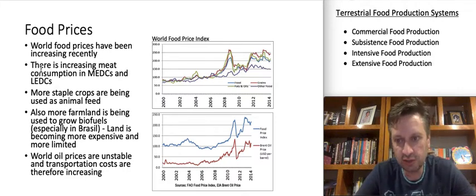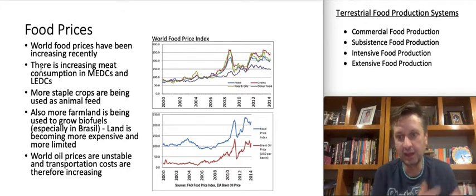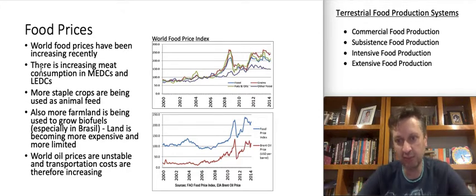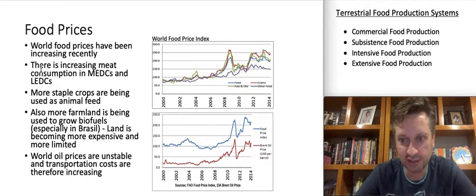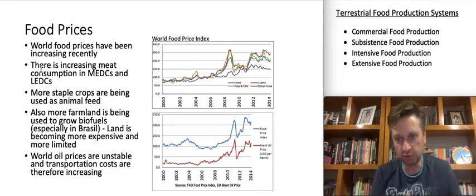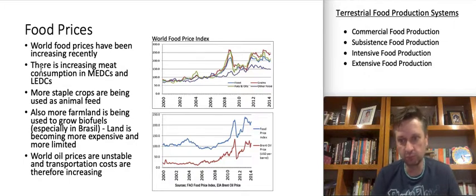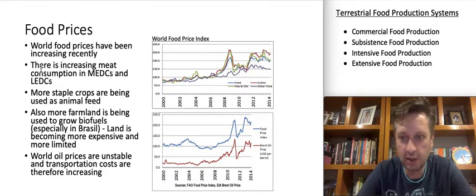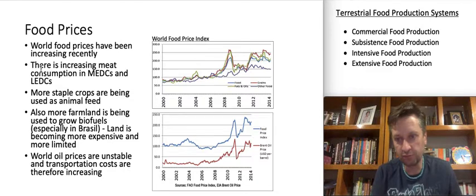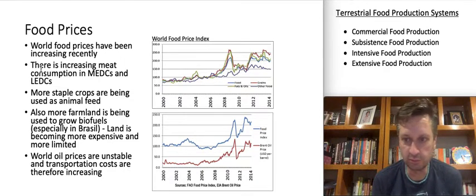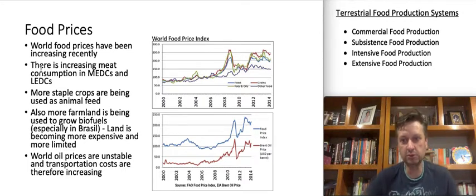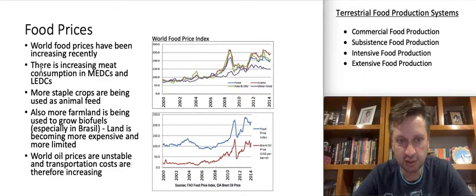Part of that is due to increasing reliance on meat-rich diets. As LEDCs switch to becoming newly industrialized countries or NICs, people become more dependent on meat-rich diets. More and more foods are being grown not for human consumption, but for consumption by animals for their meat. And more farmland is being used not to grow crops necessarily, but to grow biofuels.